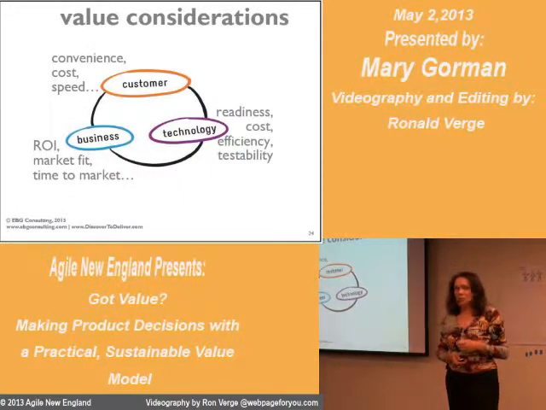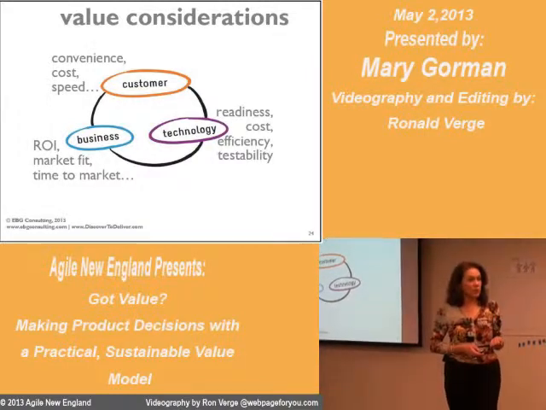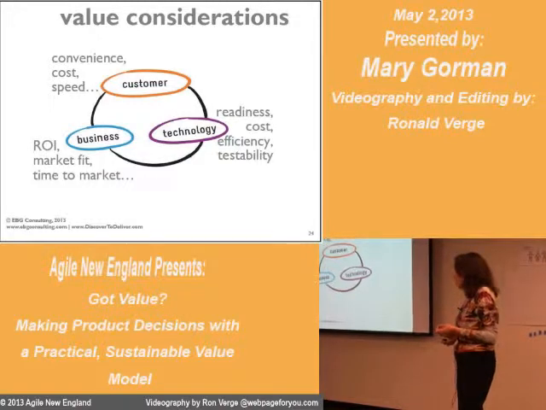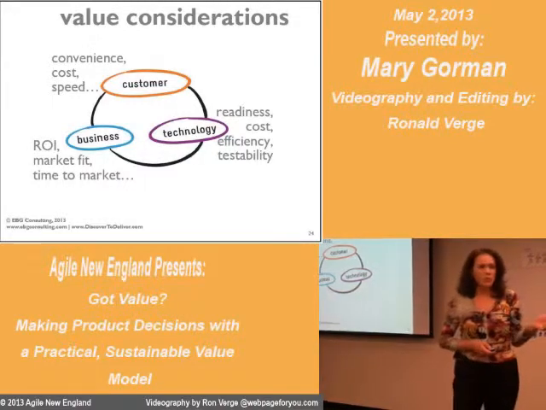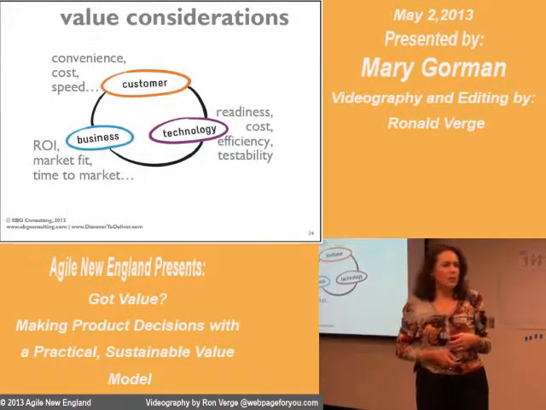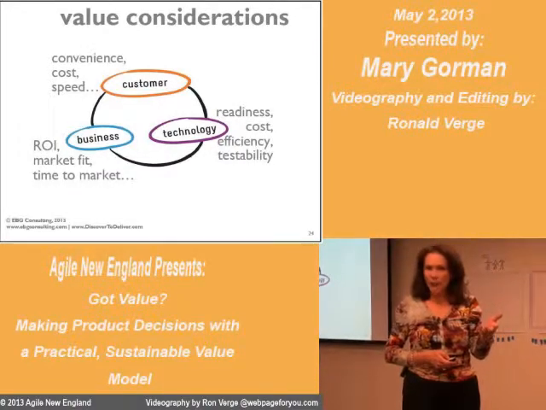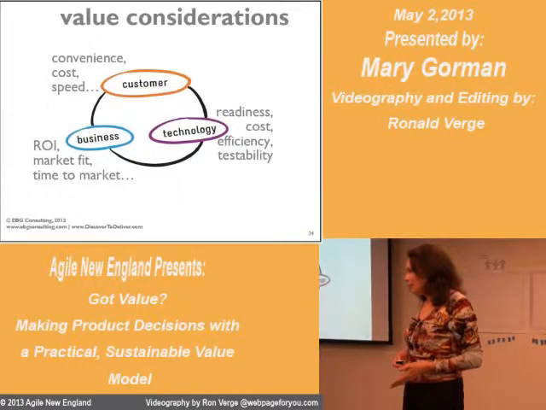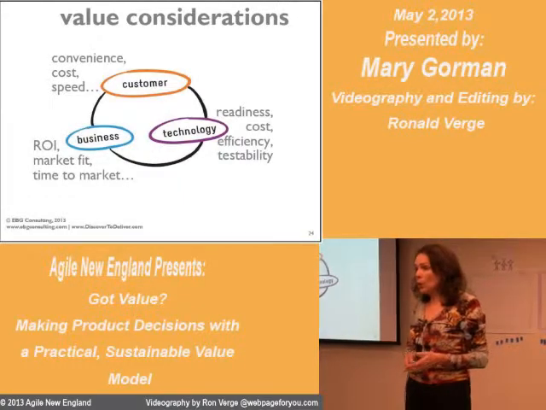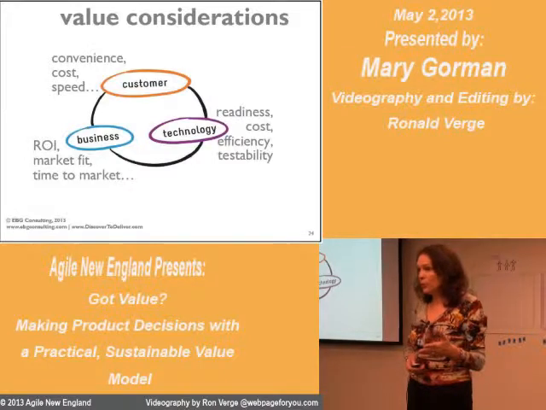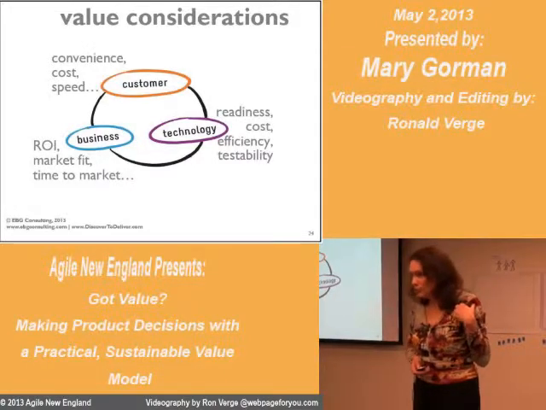So it might be the customer is interested in convenience. Other customers might be more interested in cost. Others might be looking for speed. The business perspectives, we heard one great example earlier about ROI, the market fit. Time to market might be very important. Any delay in getting to market could have serious implications, so that's a value consideration.